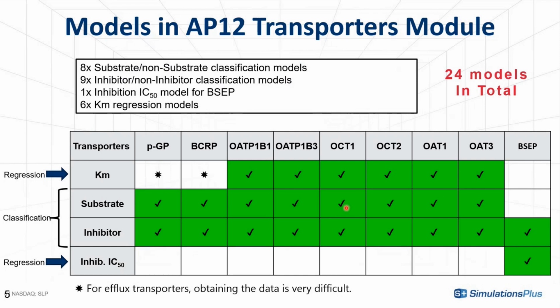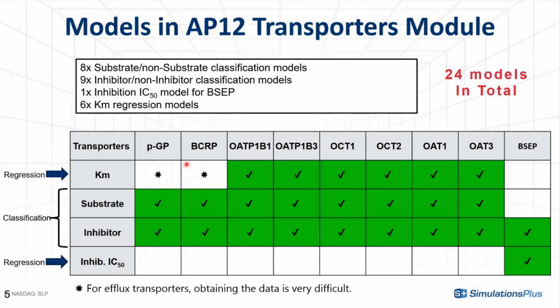These are the ones that you see here in this row. There are 9 inhibitor, non-inhibitor classification models. These are the ones that you find in this third row. There is 1 inhibition IC50 model, that's for BSEP, and there are 6 KM regression models for these transporters.